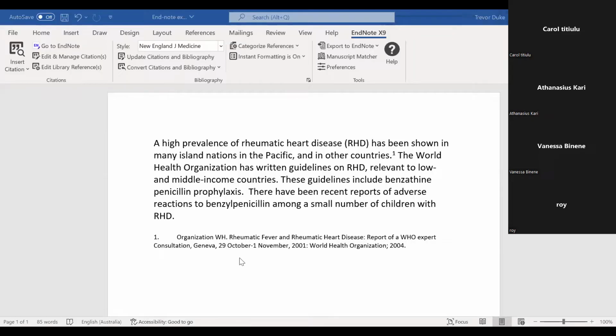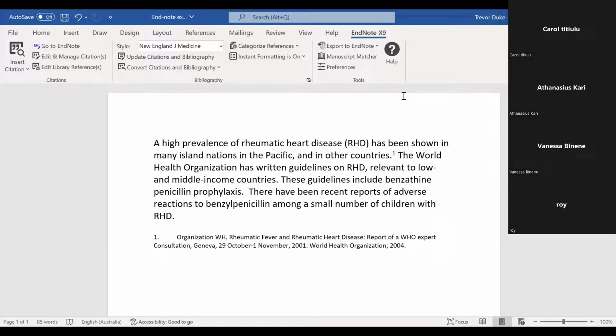Okay, you can probably see the document again, and it's automatically been updated with the reference from the World Health Organization, and it's given it a number. So if I then put in another reference, then it'll add that number to the document.